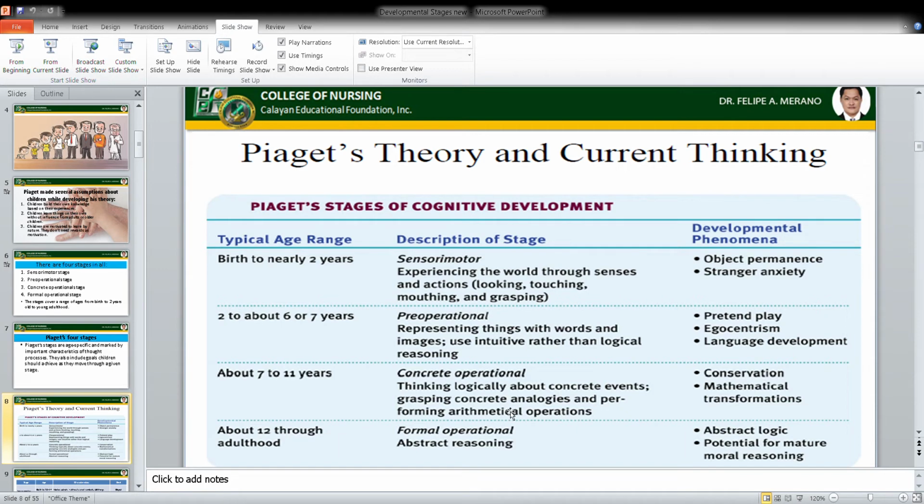Next, about 7 to 11 years old, this is the concrete operational stage. So thinking logically about concrete events, grasping concrete analogies, and performing arithmetical operations. The developmental phenomena is conservation, mathematical transformation. In this stage, children know already the mathematical transformation or conservation.